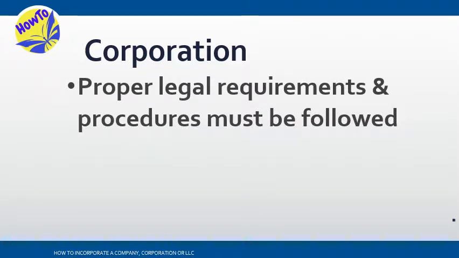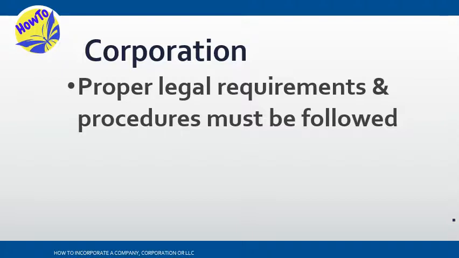In order to keep the corporate status as a separate, independent legal entity, proper legal requirements and procedures must be followed of the state where it is incorporated. For example, if it is incorporated in the state of Delaware, the Delaware corporate law procedure must be followed.